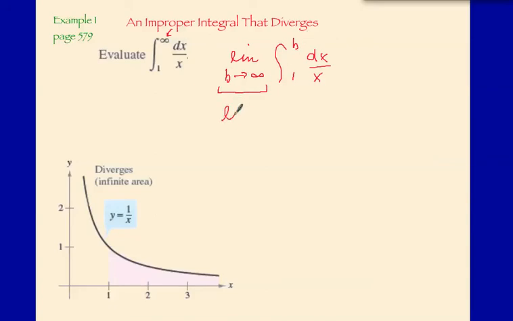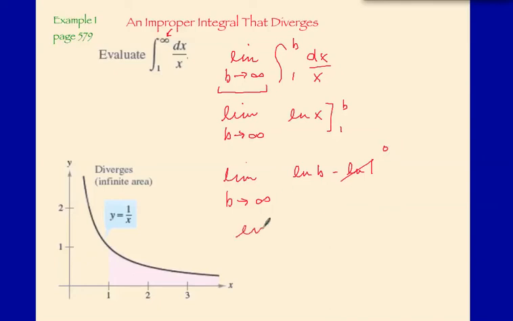So as we continue, we're waiting for a point when we can actually take the limit as b approaches positive infinity. At this point, of course, I'm going to integrate this and get natural log of x from 1 to b. Again, I'm just waiting. I can't plug infinity in yet. This is going to be the natural log of b minus the natural log of 1. This, of course, is 0.